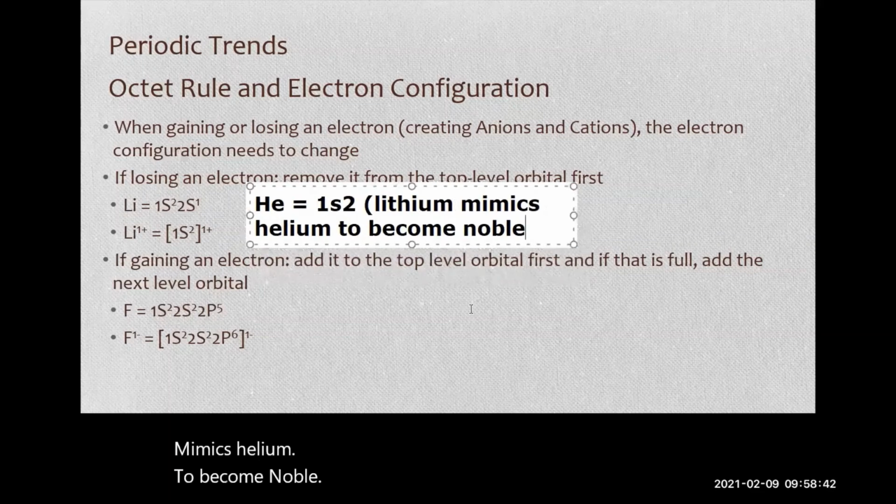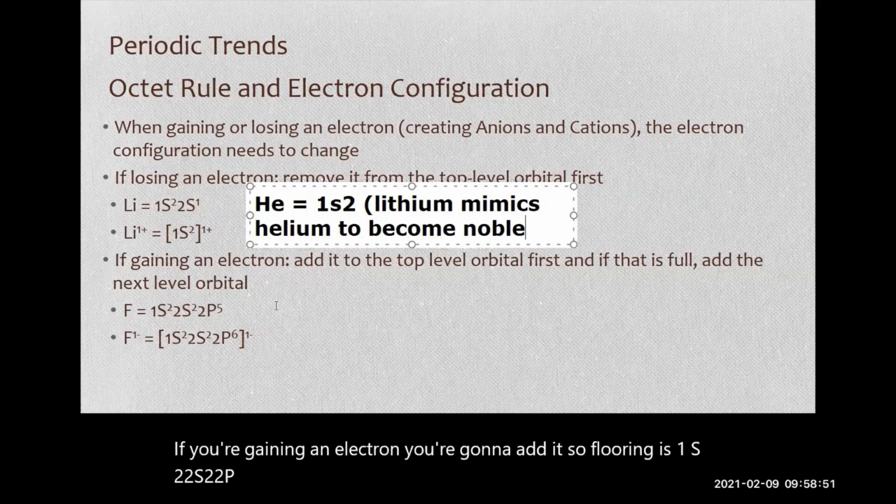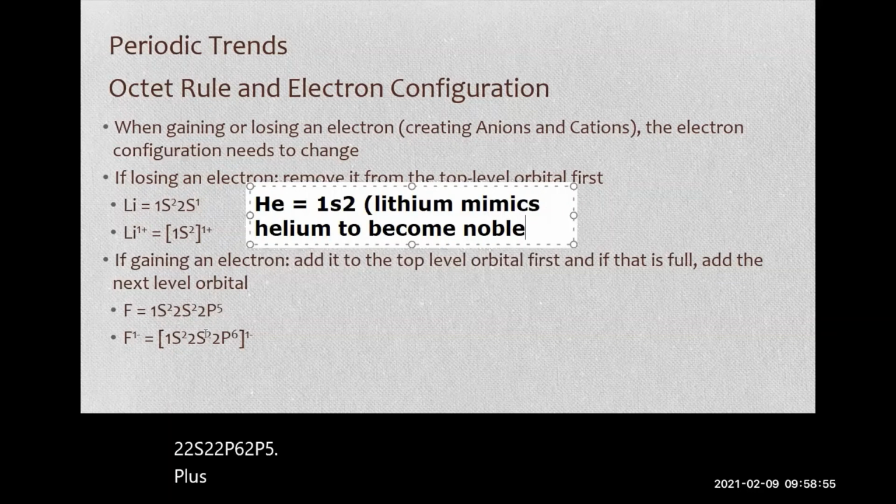If you're gaining an electron, you're going to add it. So fluorine is 1s2, 2s2, 2p5. 5 plus 1 is 6. So what's 2 plus 6? It's 8. It is noble. So that's how it becomes noble.